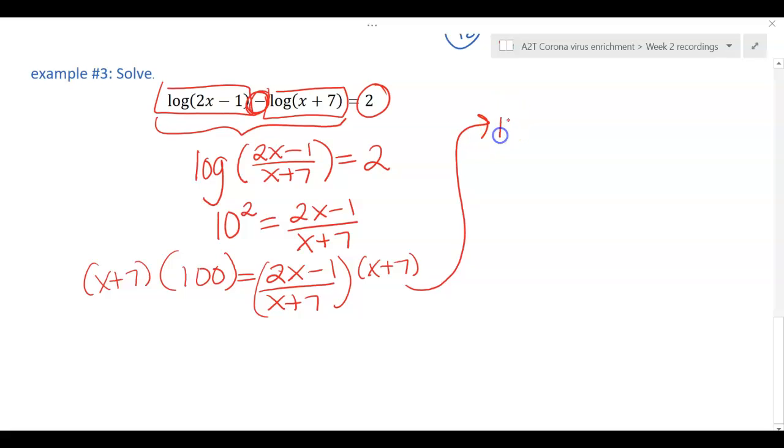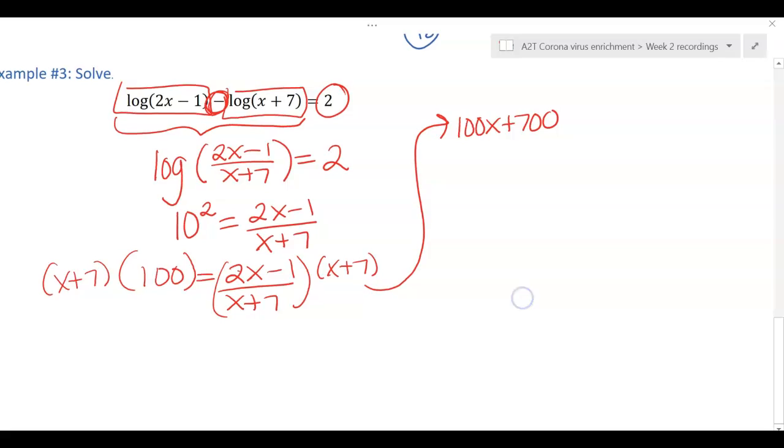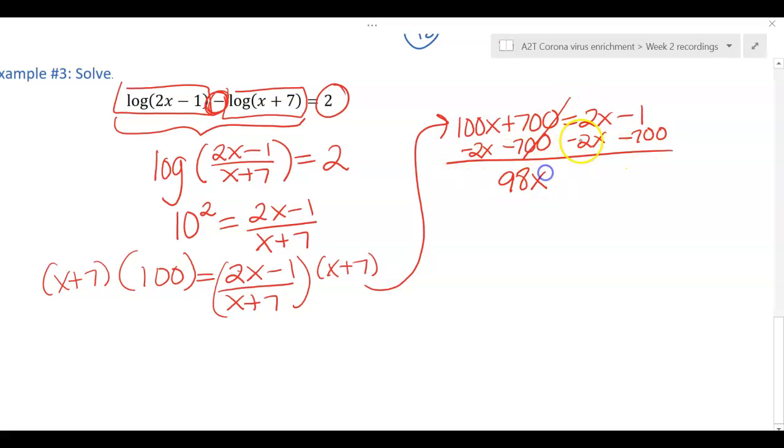And that now looks like 100x plus 700 equals 2x minus 1. Now I'm going to gather like terms on one side of the equation and constants on another side of the equation. So I'll have 98x equals negative 701, and I'll be dividing that by 98. So I get that x is equal to negative 701 over 98.